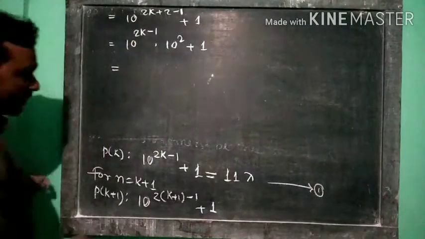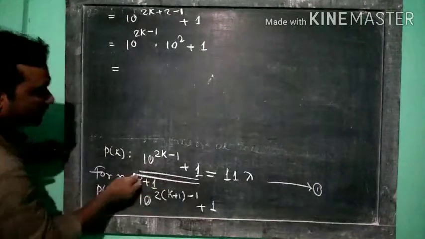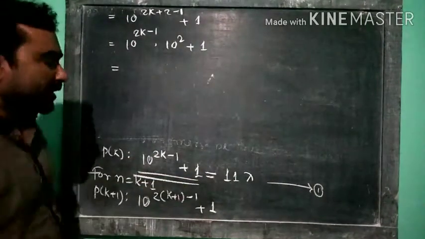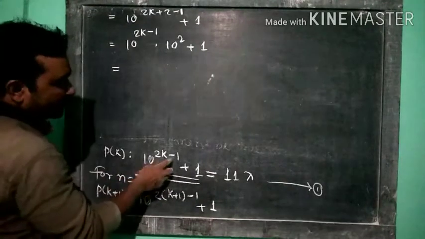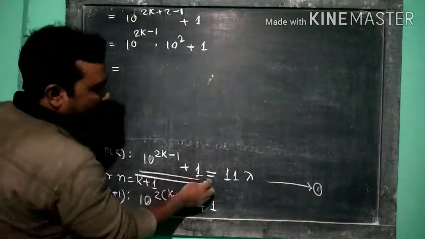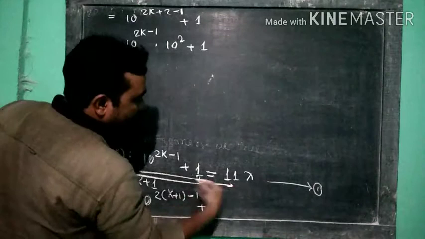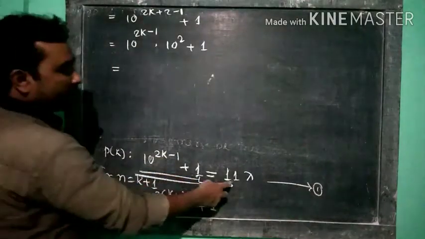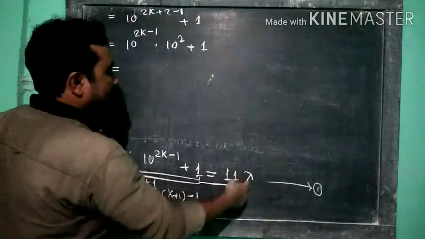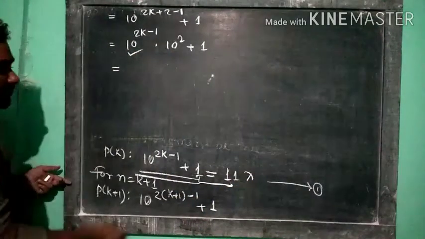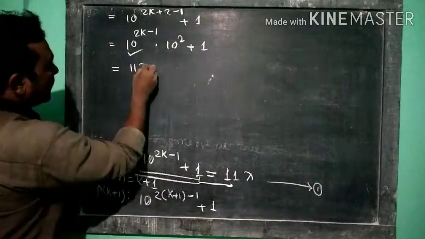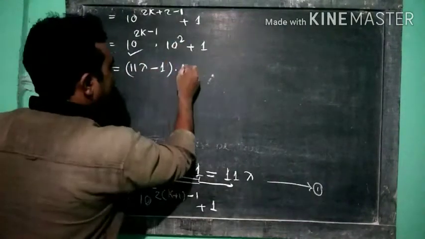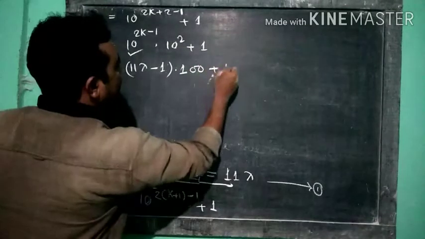From 10 to the power 2k minus 1 plus 1 equal to 11 lambda, we can find the value of 10 to the power 2k minus 1, which will be 11 lambda minus 1. So in place of this we can write 11 lambda minus 1 into 10 square, means 100, plus 1.